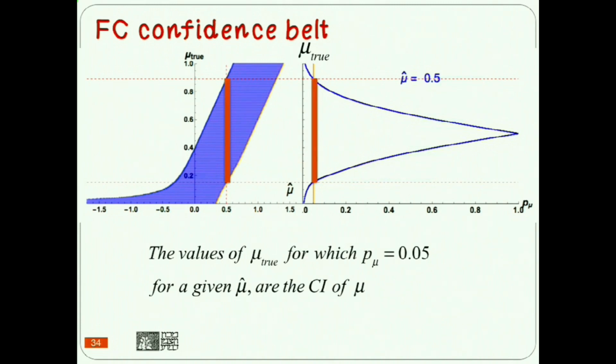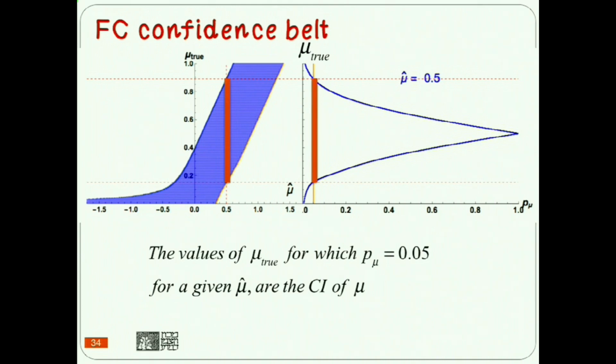I can demonstrate to you what we claimed already when I demonstrated the Neyman construction. The values of mu true for which P mu is 5%, for a given mu hat, for example, mu hat is 0.5. These values here, the inversion of mu hat to mu true, are actually my confidence interval.